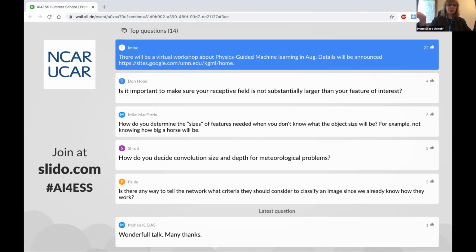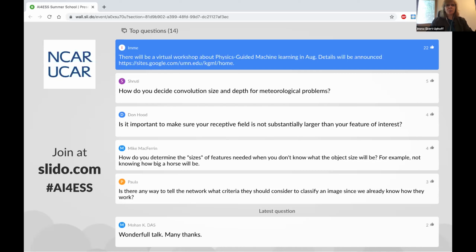So the first part of my answer is, you always want to make sure that your receptive field is a little bigger than what you want to have, because the neural network tends to focus more on the middle. But if you go way overboard, you're just wasting resources. You basically have a neural network that's way too deep. But the easiest way to figure this out is usually, you come up with an initial guess of what you think your receptive field should be, and you design the depth of your architecture based on that. But then you go ahead and you do experiments with different depths.